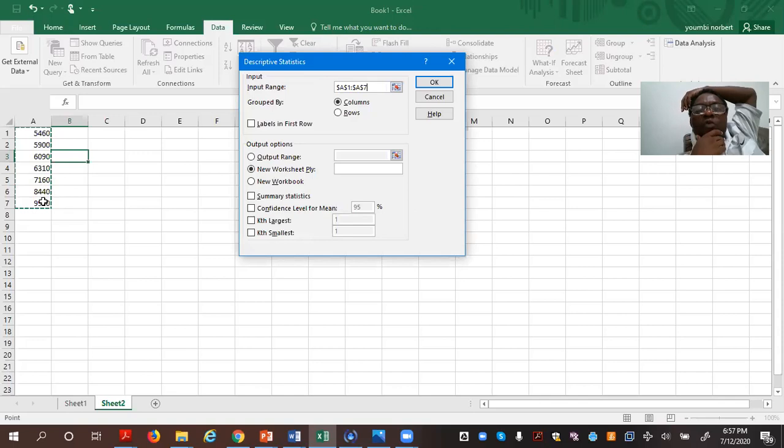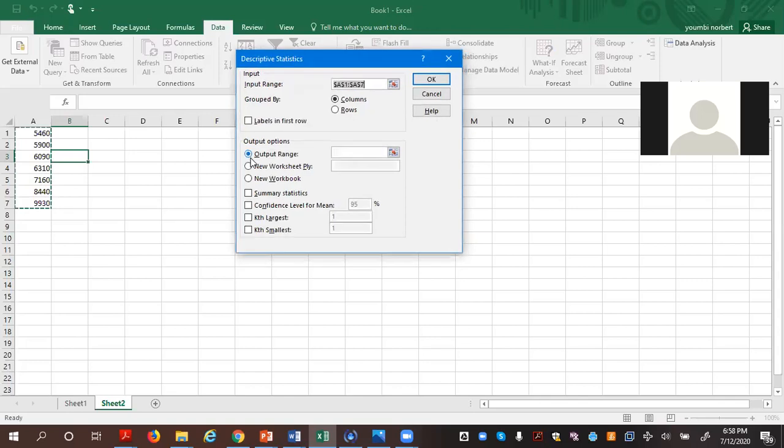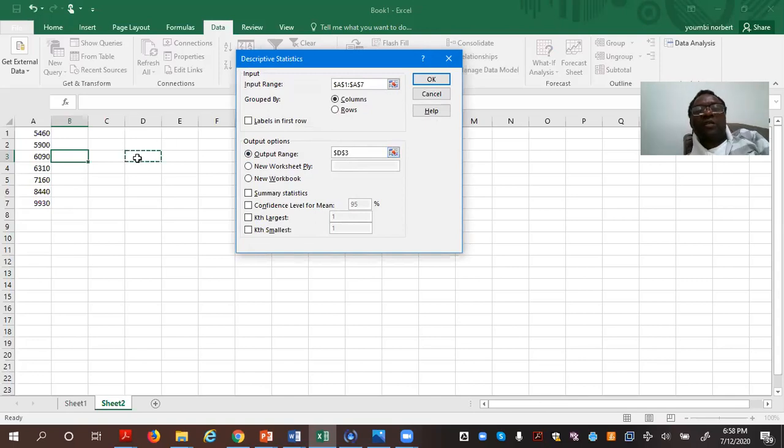Or you can type A1, A2, A7, or you just highlight it as I did. Then I will choose output range here. When I choose output range, I have to click here so that I enter the cell where I want my result to be. I just press D3. I could press C3.